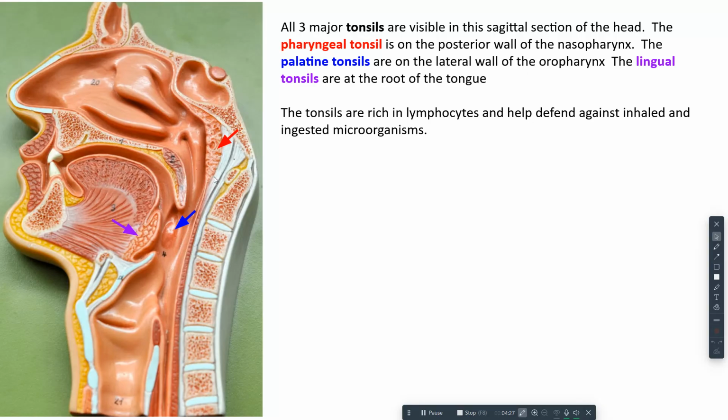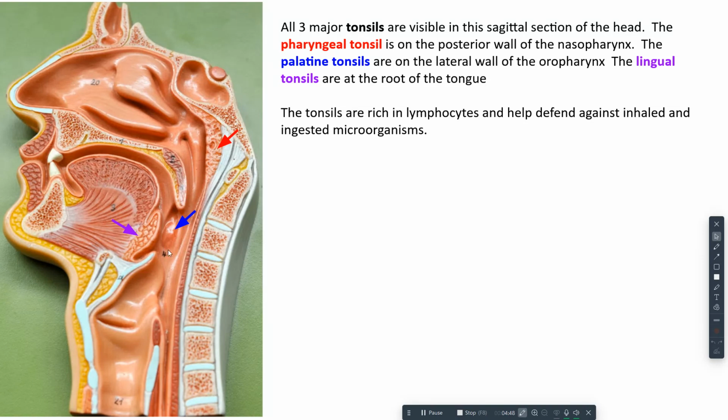The other two tonsils are also in good spots. So here's the lips, here's the teeth, here's the tongue, here's the oral cavity. Then at the base here of the tongue, we've got the lingual tonsil. And then right behind the oral cavity, we got the oropharynx here.